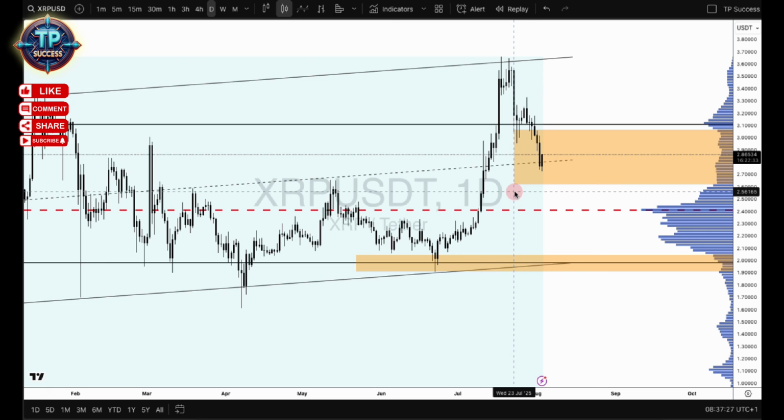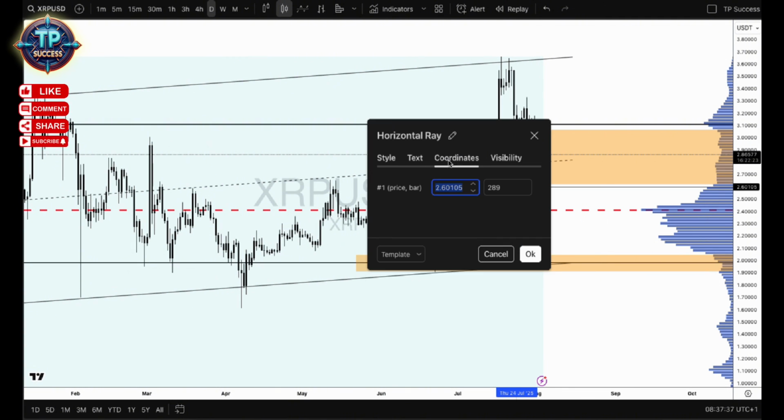We'll be looking at getting in at say $2.60. So let me get the coordinates up on that. So $2.60. We're just going to round off the numbers.